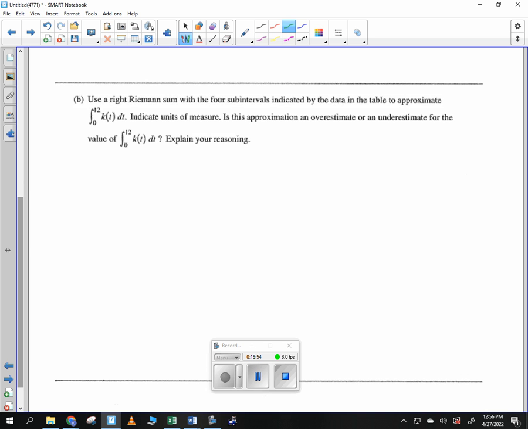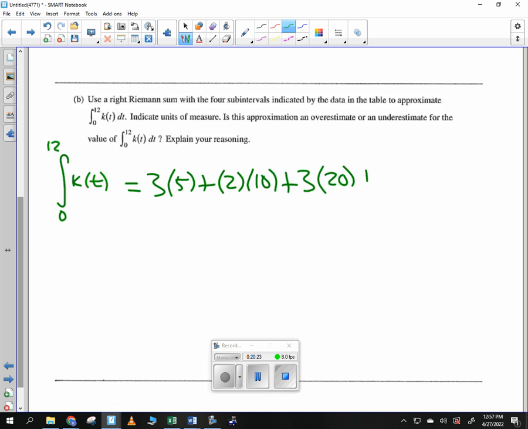Use the right Riemann sum with 4 subintervals to approximate that. Excellent. I will say that the integral 0 to 12, and when I've seen this, I'm like, yay, they're asking me problems I know how to do. That's equal to, can somebody tell me the first width? 3 times the first height plus 2 times 10 plus 3 times 20 plus, okay, well, I've got 15 plus 20 plus 60 plus 96.